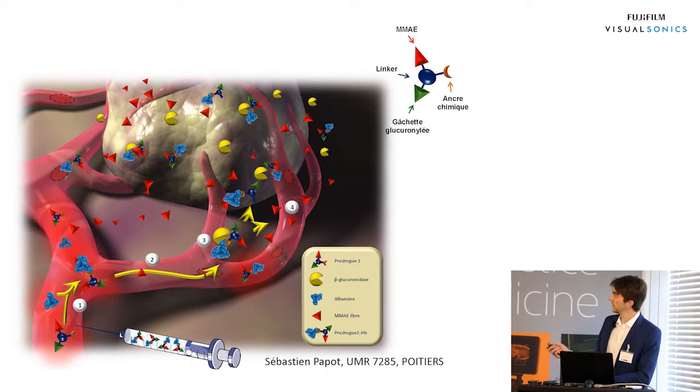When you inject this product, it will be linked in vivo with albumin. Then, when arriving in the tumor, there will be the beta-glucuronidase, which will cleave the trigger and release the MMAE under its active form only in the vicinity of these tumors.